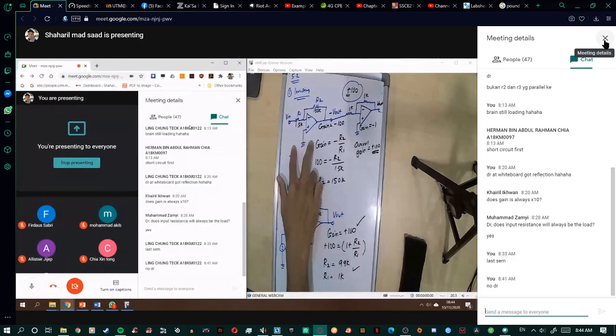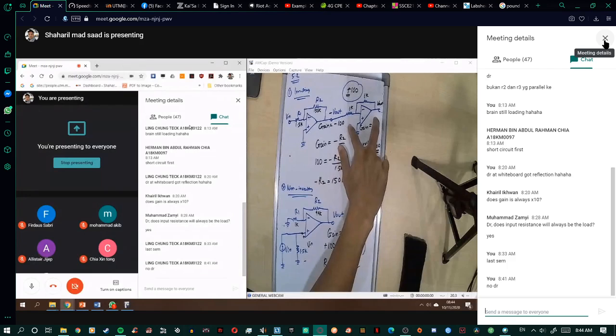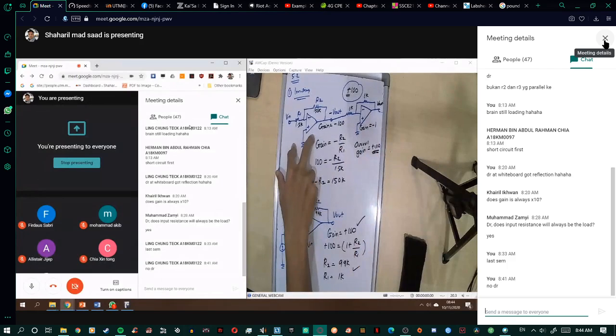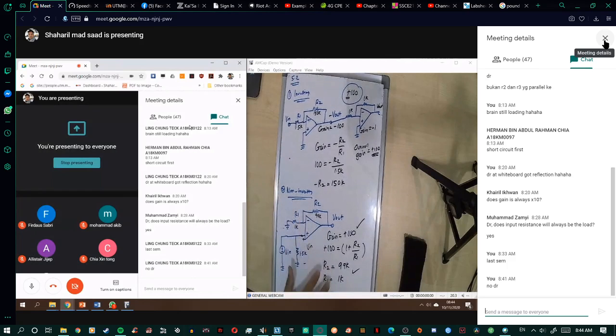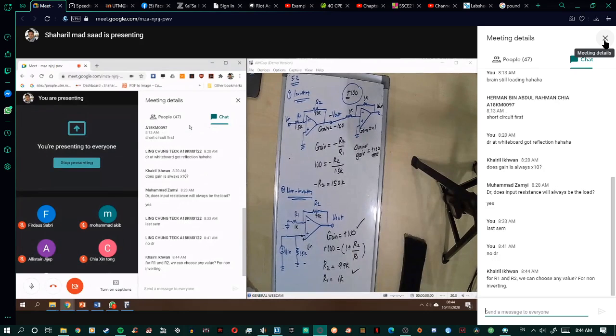This one needs two 741 op-amps, and this one needs only one. The disadvantage of this non-inverting is that it can only be used to amplify. Any question? For R1 and R2, we can choose any value for non-inverting. Yes, you can choose any value.